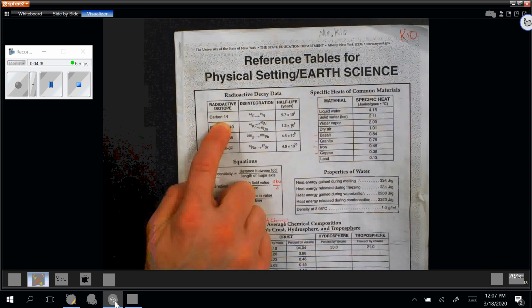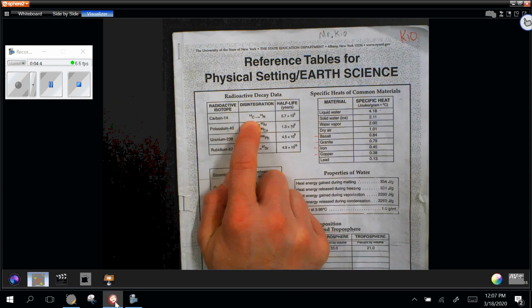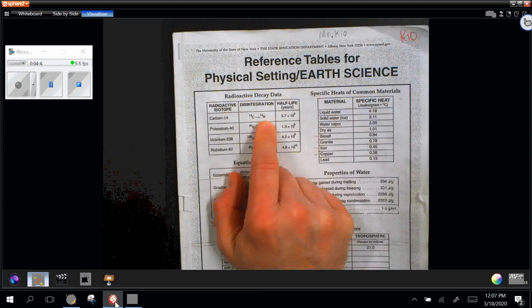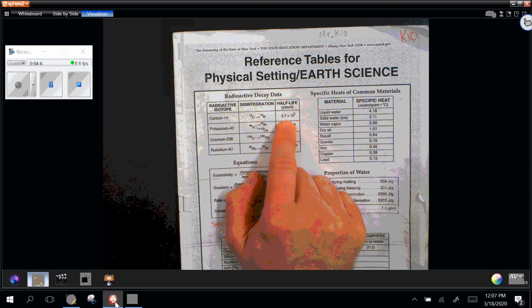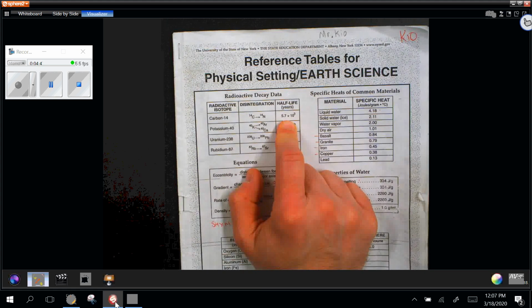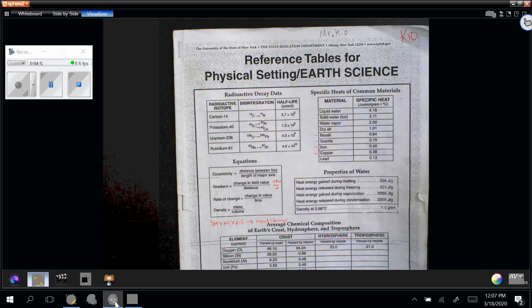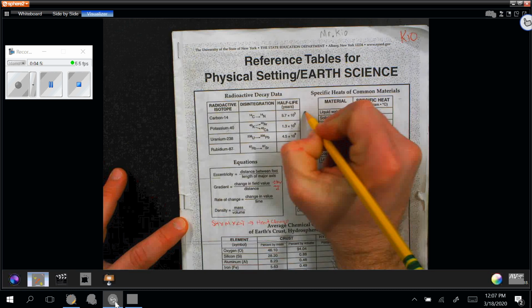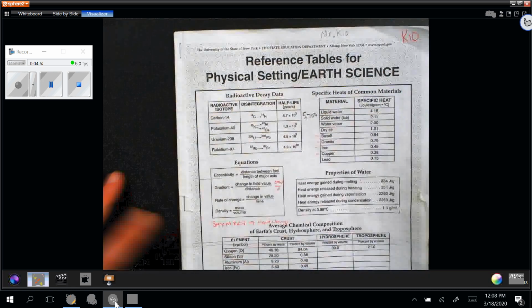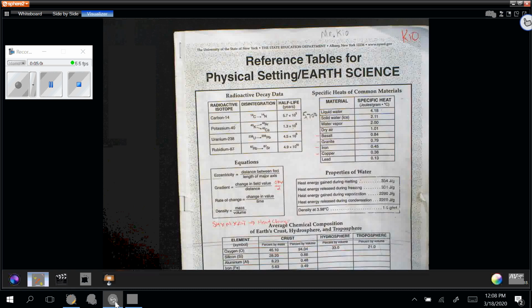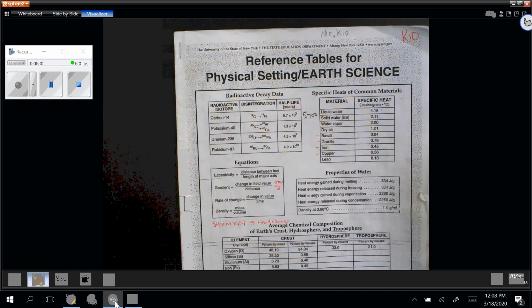Here's what happens. You start with carbon 14. Here's what it turns into, nitrogen 14. And here's how long each half-life is: 5.7 times 10 to the third is 5,700 years. What that means is that every 5,700 years, we have half the carbon-14 left.